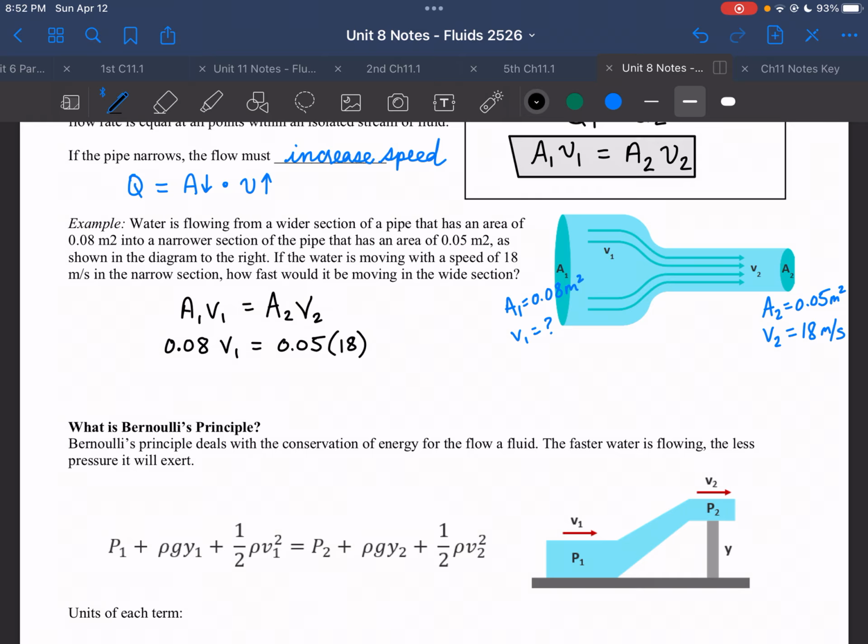So if you take 0.05 times 18 divided by 0.08, you should get a speed of 11.25 meters per second. So that means that it's traveling at 11.25 meters per second, and then once it gets to this narrow area, it's traveling much faster at 18.